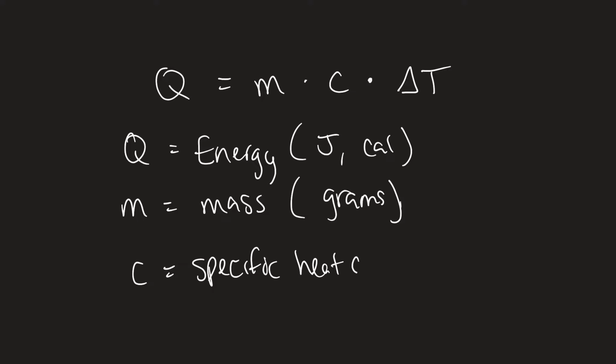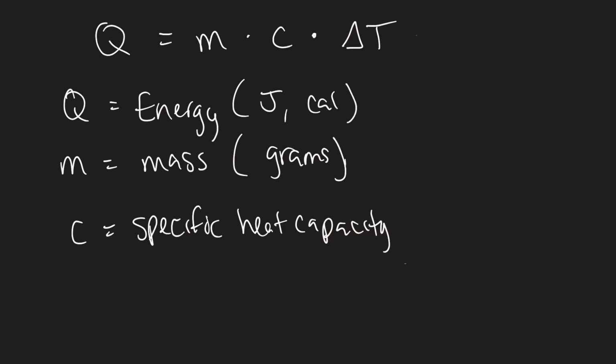All right. So specific heat capacity can oftentimes come in various different units, and the units are typically this. In general, you have energy over mass times temperature. Okay, that's the unit for a specific heat capacity.